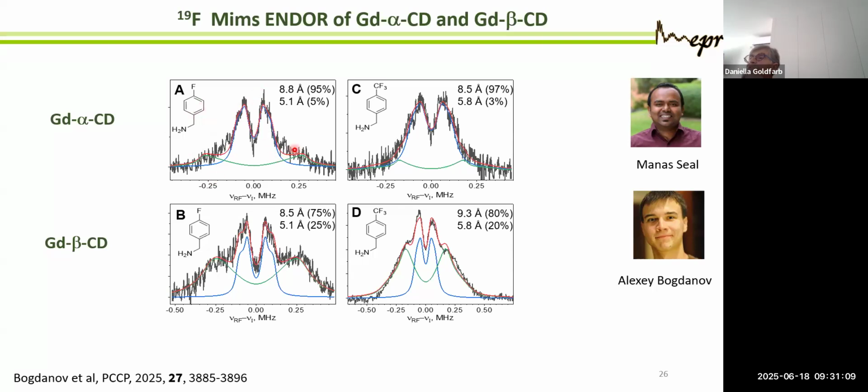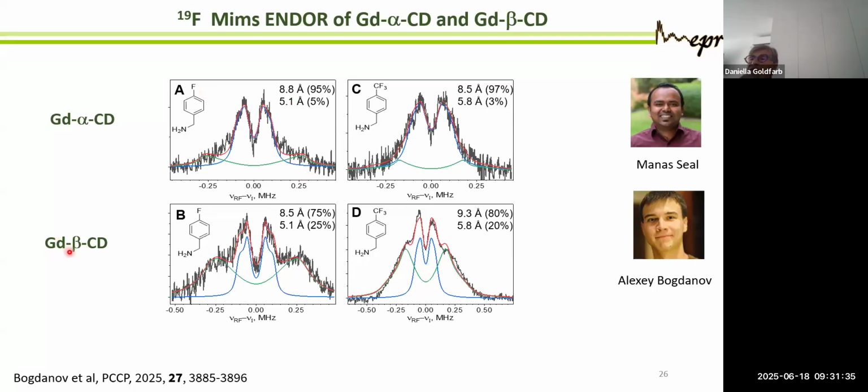If you analyze the spectrum, you get 95% at a distance of 8.8 and 5% at a distance of 5.1. You get this when you have the fluorine in the para position or when you have a CF3 in the para position. You see that the second one is very, very small. I think in the NMR they didn't see it.